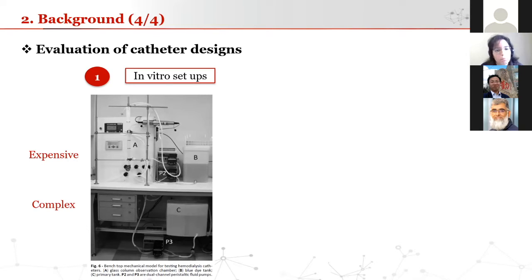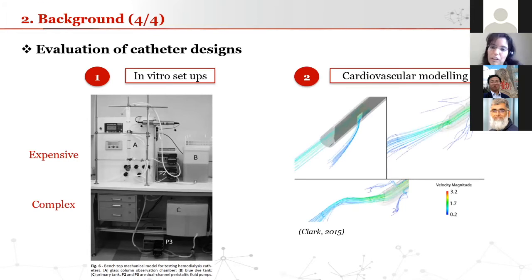So another possibility is to use cardiovascular modeling, and this allows us to study the behavior of the catheters without them being actually implanted into the human body. This picture represents the patterns of blood flow as well as the velocity magnitude through various tips, and they can give us information on how the catheters are behaving.